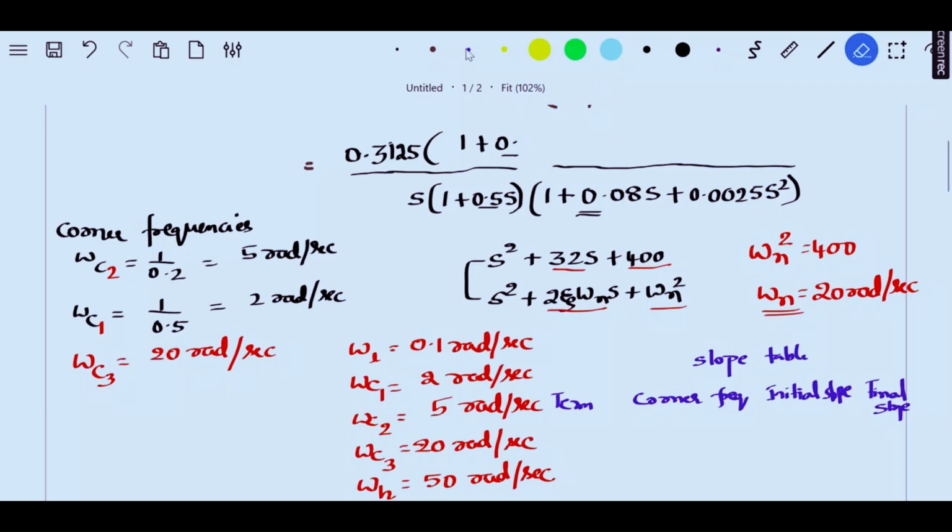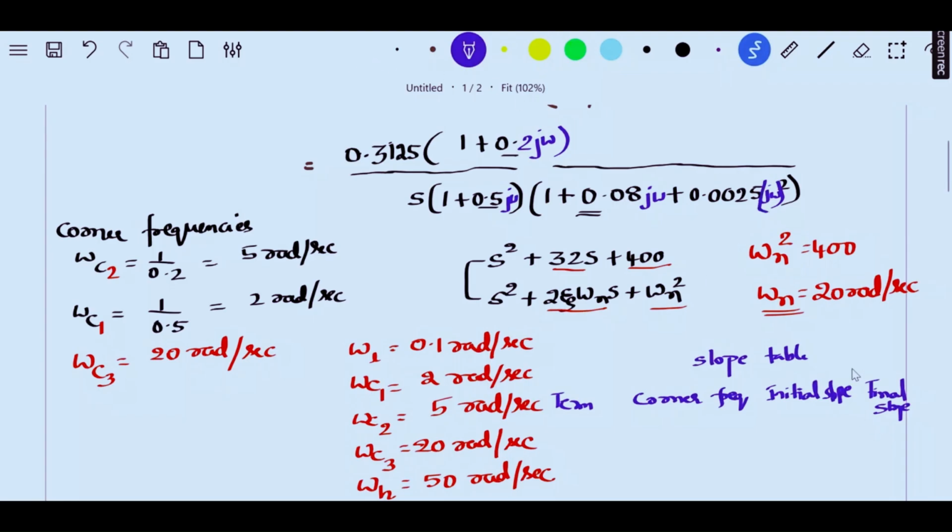So it is 0.2 j omega divided by 0.5 j omega. Similarly here, 0.08 j omega, and this is j omega square.